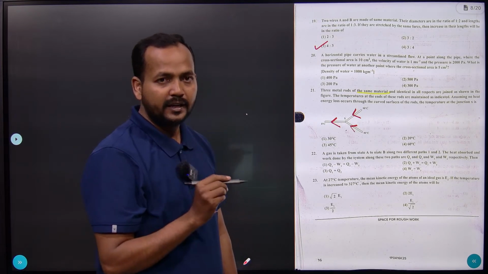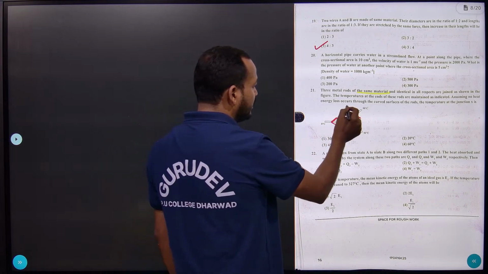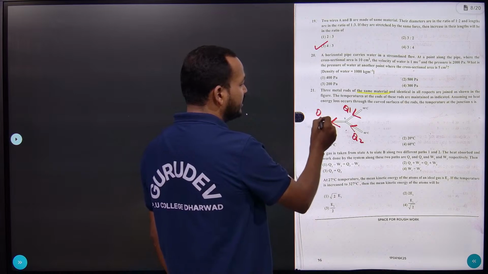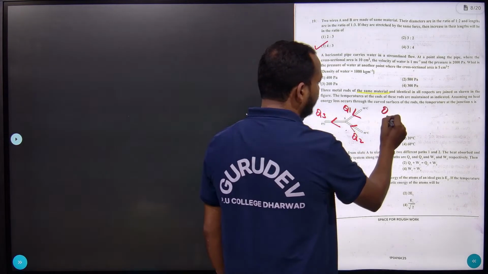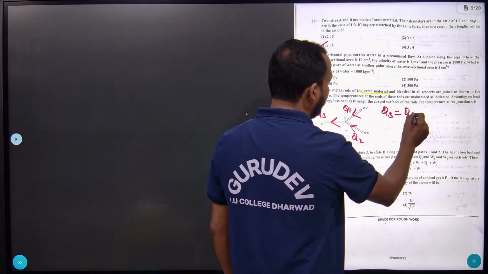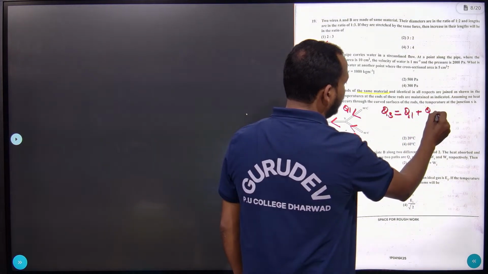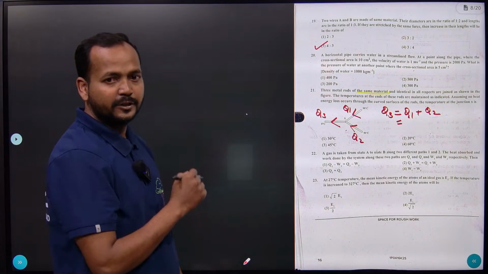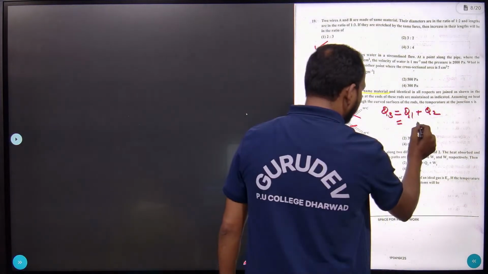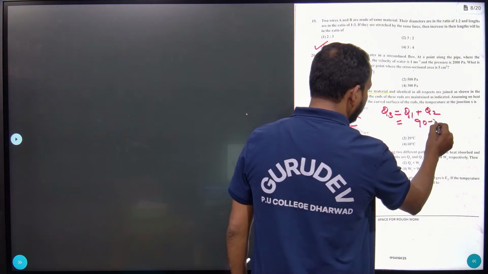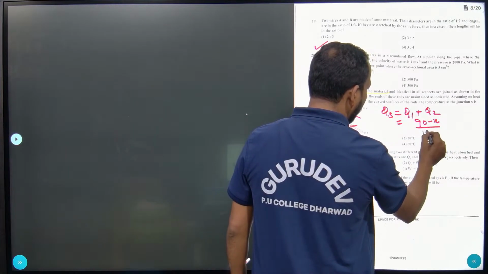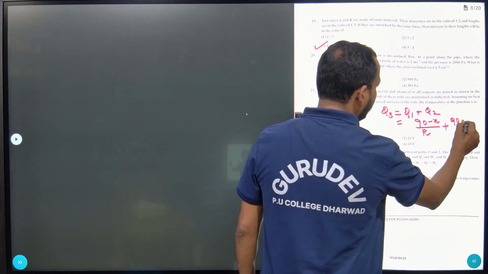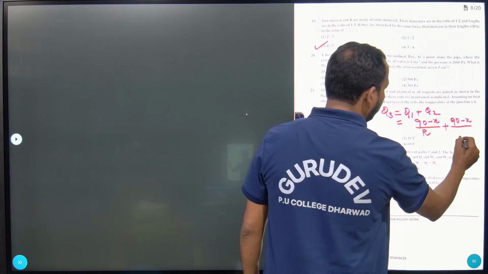Based on that, I will consider this one as Q1 and this as Q2, and this one is considered as Q3. Then this Q3 must be equal to Q1 plus Q2. So based on this, if you write the temperature difference, you can see 90 minus x divided by r plus 90 minus x divided by r.